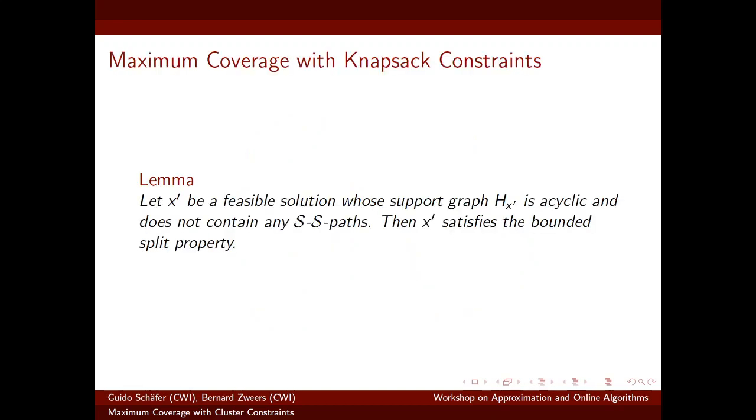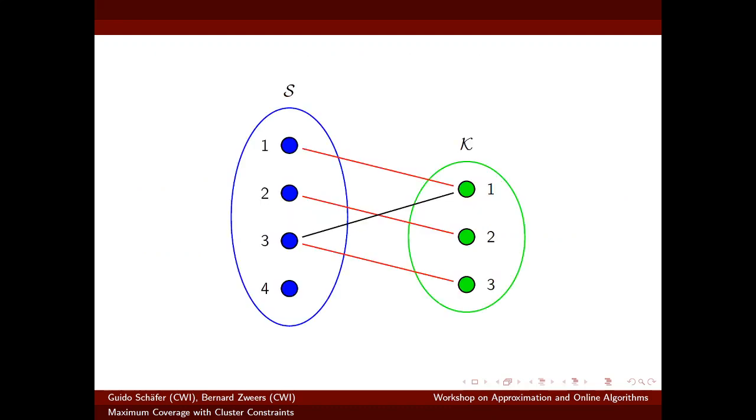Then we know that if a graph doesn't have any cycles and doesn't contain any SS path, then it should satisfy the bounded split property. For instance, here you can easily see that there is a matching between all fractionally assigned sets and the knapsacks.